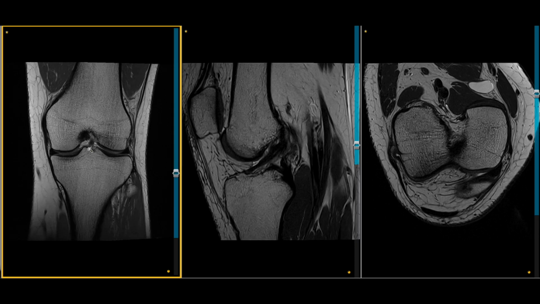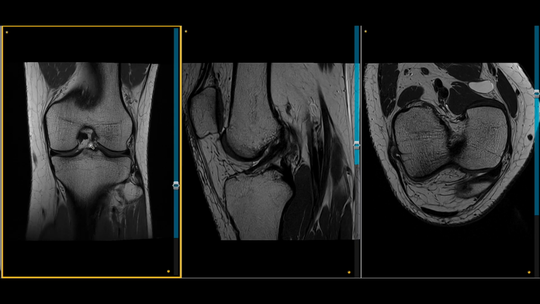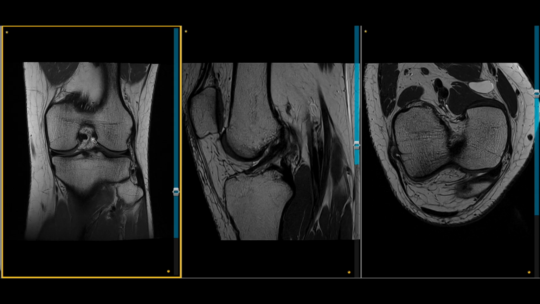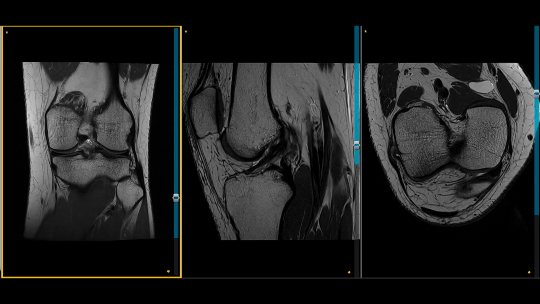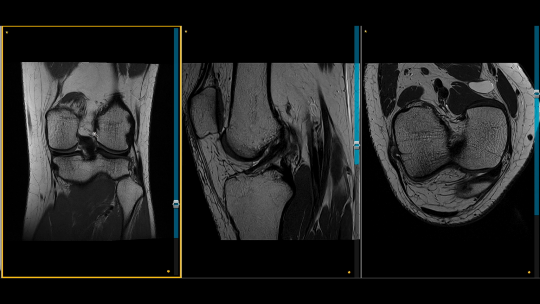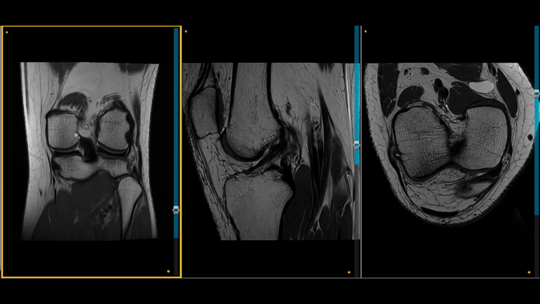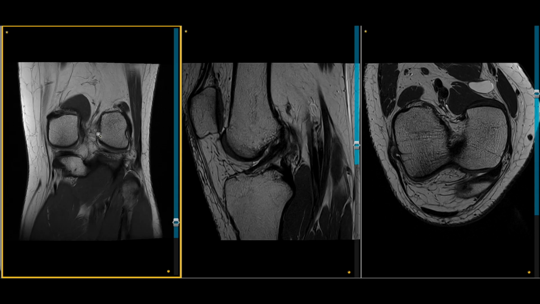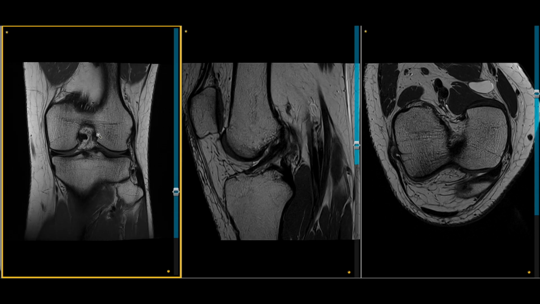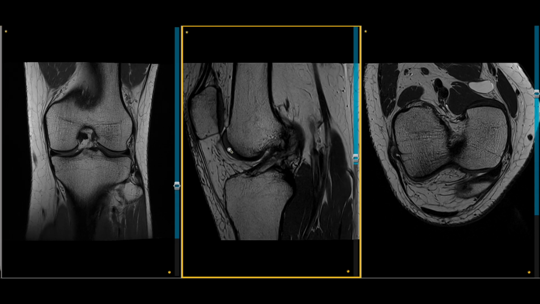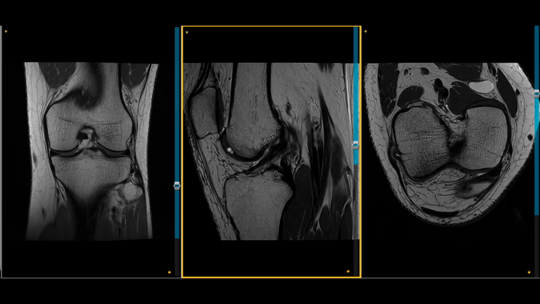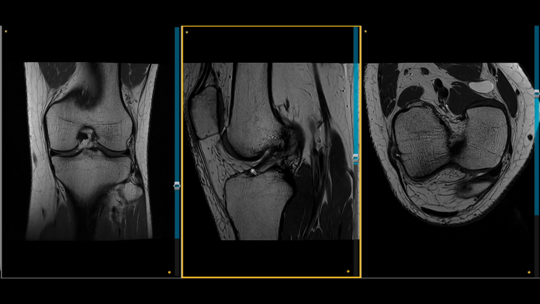here clearly contiguous. It's of uniform low signal intensity, and here's an attachment point onto the lateral wall of the notch. And you continue to follow this with a thinner segment of the ACL extending to the native femoral footprint of the ACL. This can also be shown on the sagittal sequences as this here being the lateral sided fibers of the ACL latching onto the lateral wall of the notch.